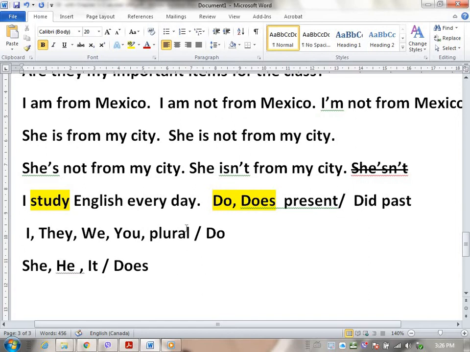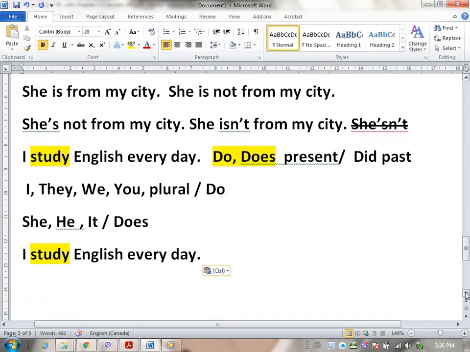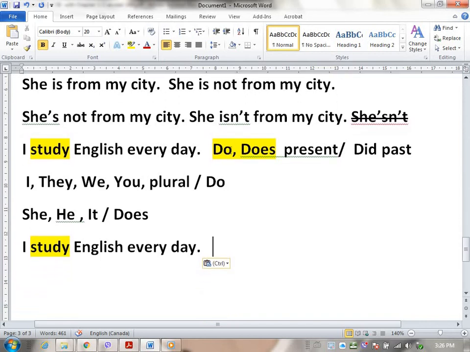Let's copy this sentence here. Because it is in the present time, I'm going to look for do or does. This is the first step. The second step is to look for the subject.